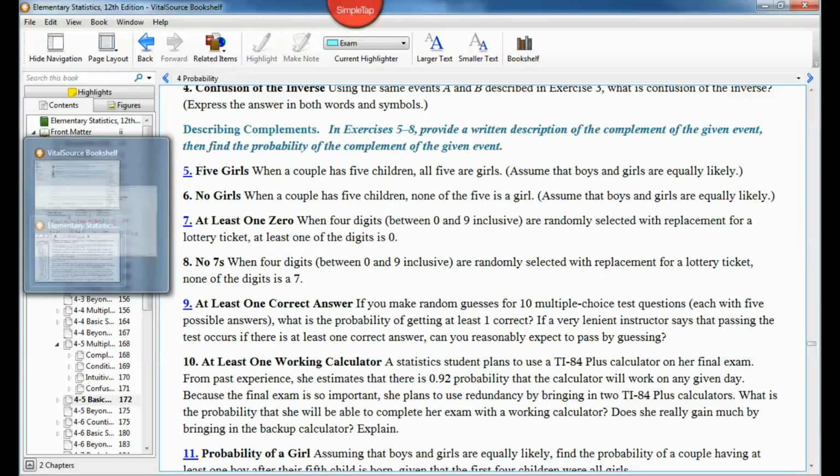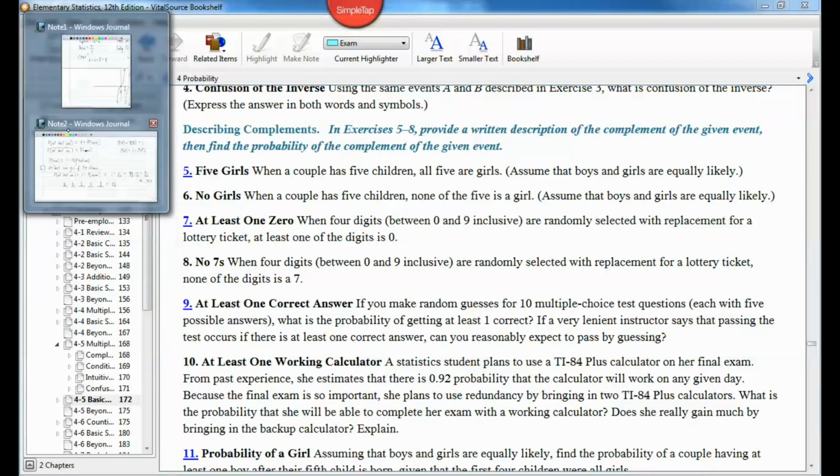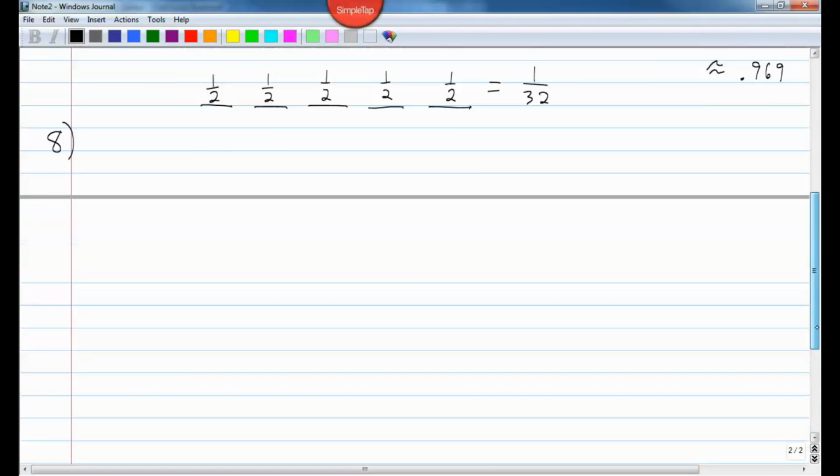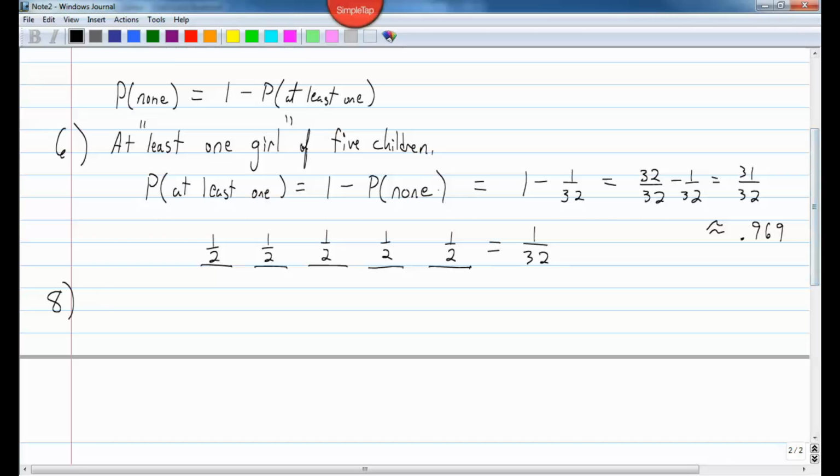So the probability that none of the digits is a 7. So the complement will be what? At least one digit is a 7 of the 4, right? That's what it said. There were 4 digits.